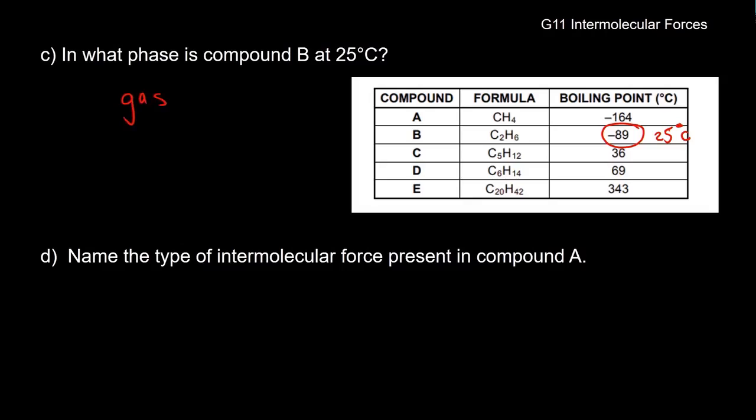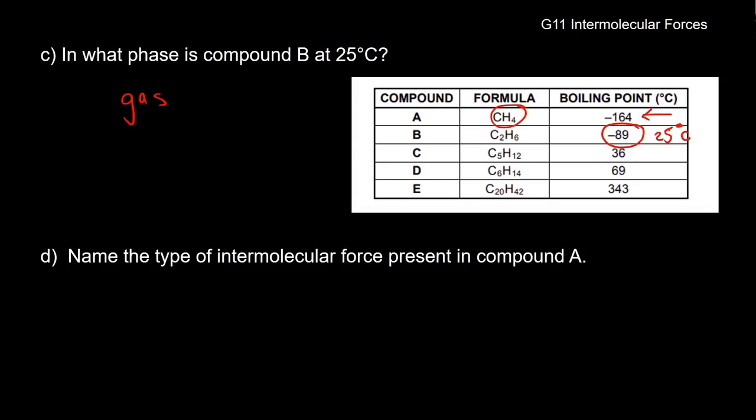D, name the type of intermolecular force present in compound A. Now, a clue to this is its boiling point. It is extremely low. So that needs to tell you that these are weak intermolecular forces, if its boiling point is so unbelievably low.